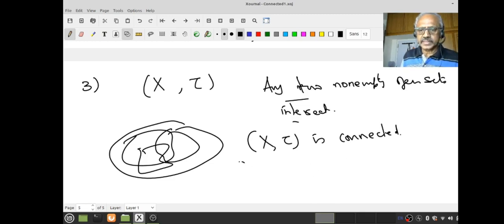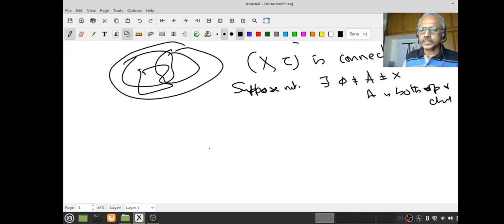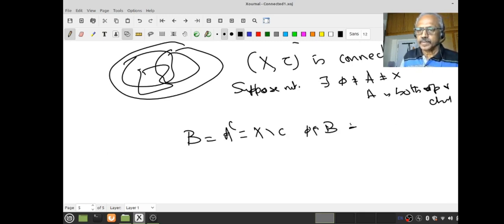Suppose it's not connected. Suppose not. What does that mean? There exists a subset A which is not the empty set, which is not X, and A is both open and closed. Therefore, if I take B to be the complement of A, then as I earlier explained, B is not empty, B is not equal to X, but it's also both open and closed.